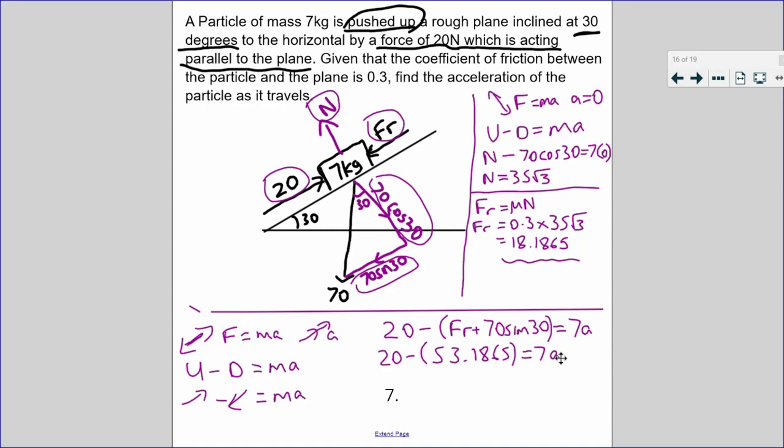You divide that by 7. A equals minus 4.74. Okay, because it's negative, that means we have deceleration. So the particle is slowing down as it's going up.